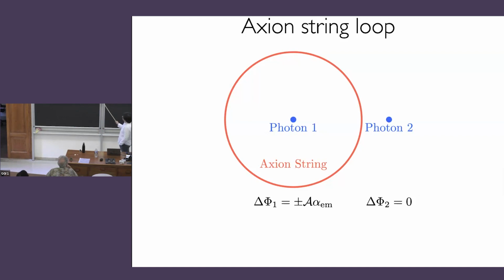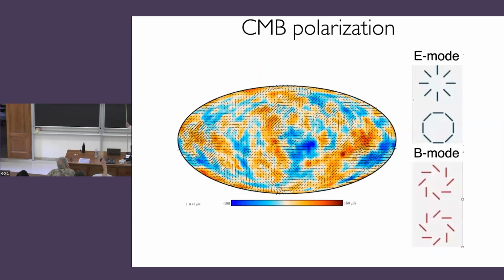The phase rotation of photon 1 differs from photon 2 by A alpha, since you can take these photon paths and close a circle very far away. This means any photon which goes through the loop will pick up either plus or minus A alpha, depending on the orientation of the string. That's basically the effect.